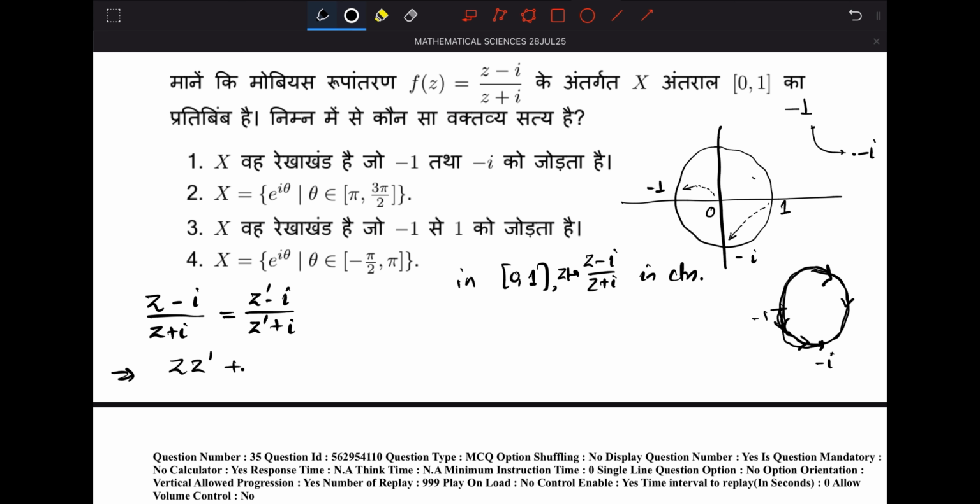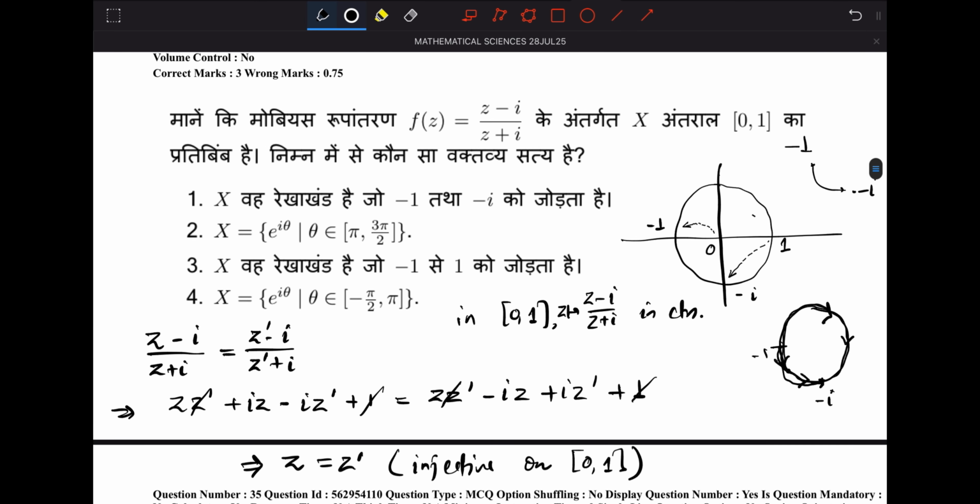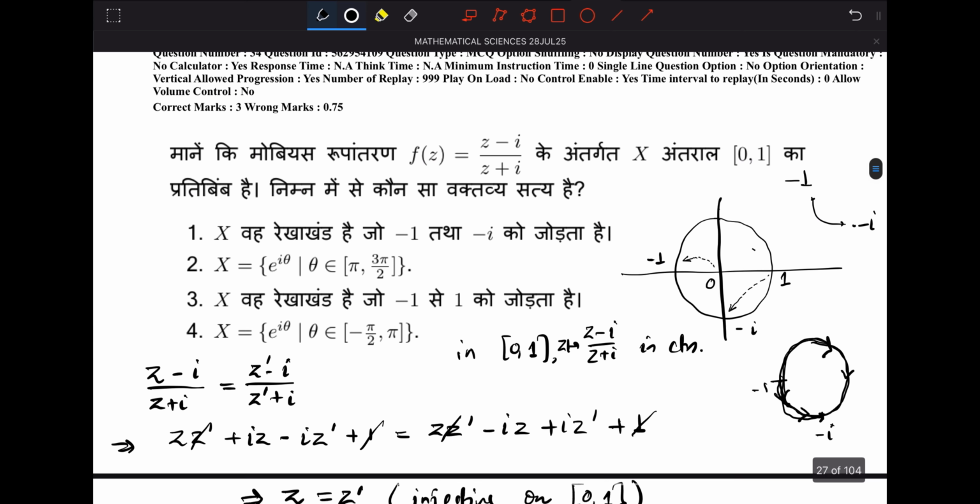Taking f(z) = f(z'), cross-multiplying gives z z' minus i z plus i z' plus 1 on each side. Cancelling, and equating, we get z equal to z'. So it is injective on [0, 1].